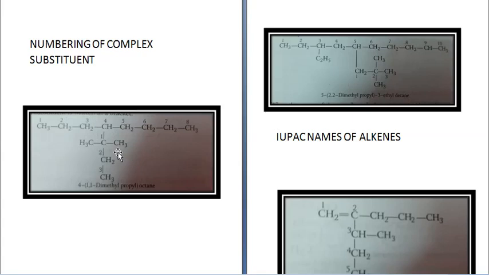So 4 within brackets 1 comma 1, because the methyl groups are on the first carbon of the side chain. 1 comma 1 dimethyl propyl, bracket closed, because the side chain's name is finished now, and the parent chain is octane. Understood? 4-(1,1-dimethylpropyl)octane.